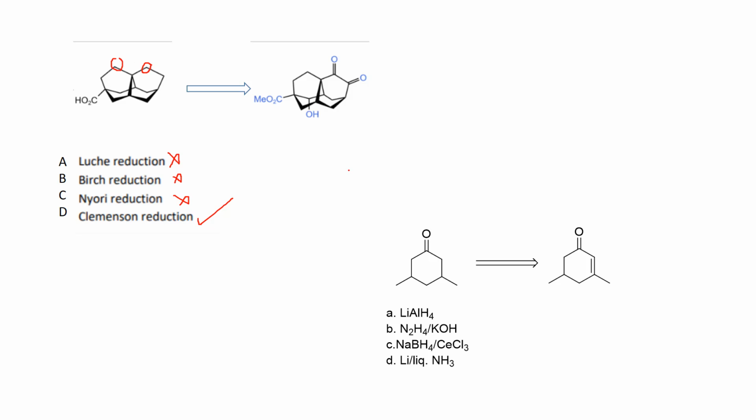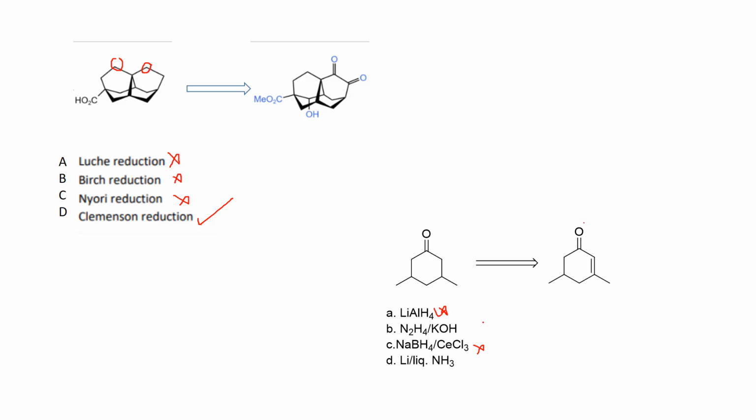Okay. Next one is this one, which we have already discussed. You have to reduce the double bond selectively. So what will we have to perform? LiAlH4, if we use LiAlH4, what will happen? It will reduce both the ketone and the double bond, so that cannot be performed. NaBH4 reduction will just reduce this part.